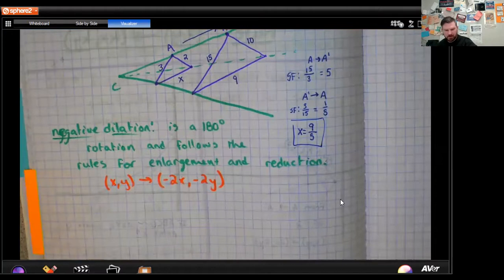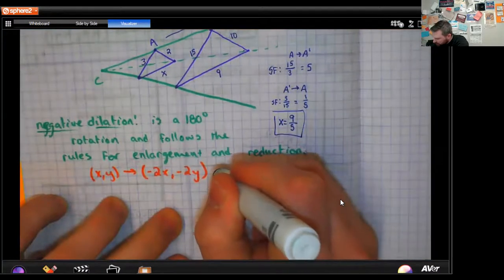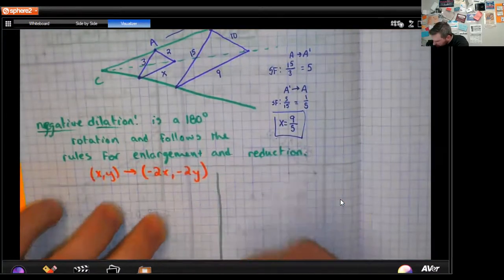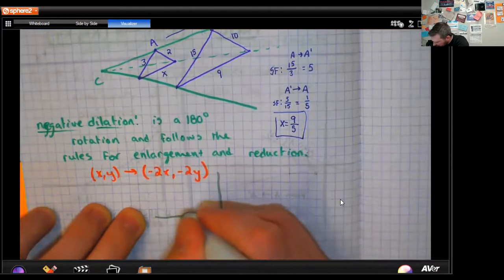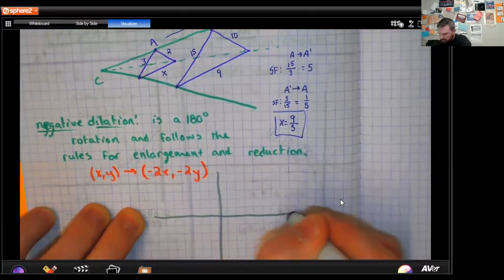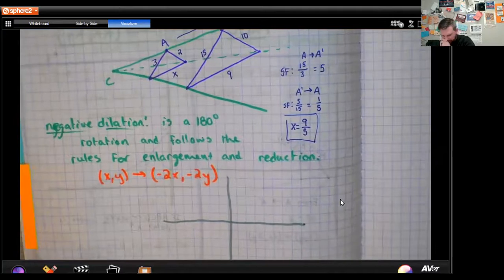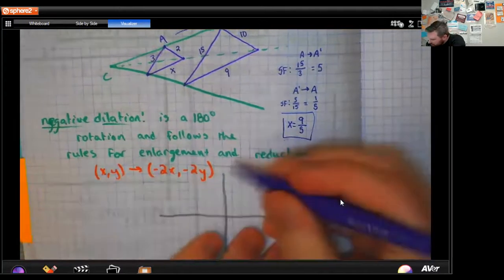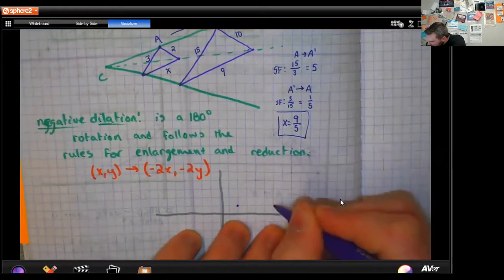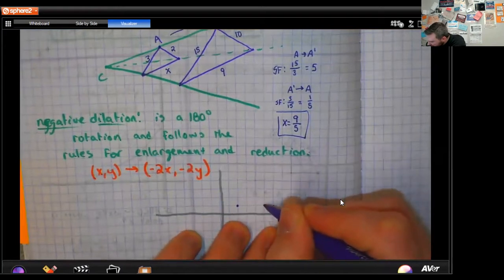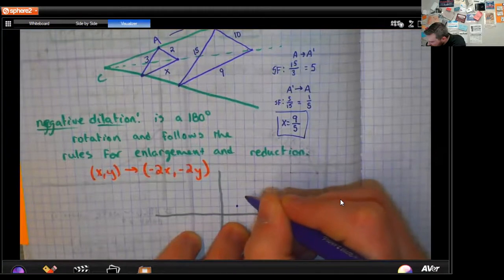So if I kind of draw this out, we're going to make a graph here. Okay, and I'll have a shape, kind of a small shape here, and maybe here.